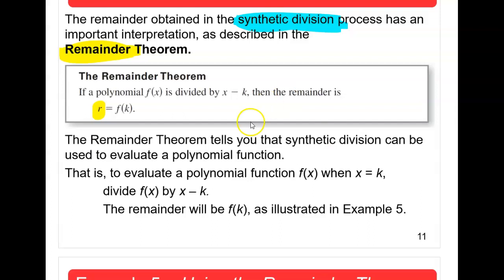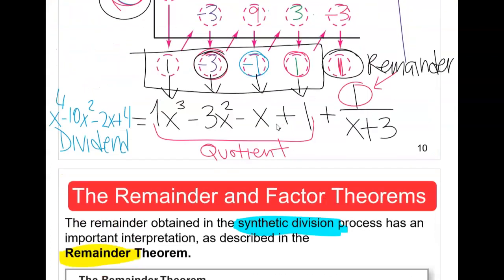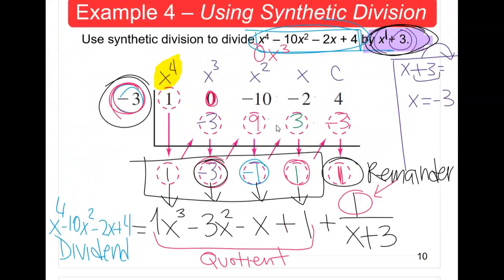So, for example, if I take this example from here, and we say this was the divisor, right? x plus 3. However, we use the digit of -3.